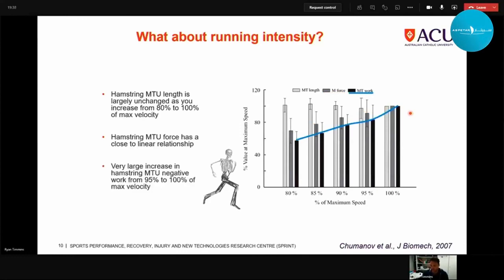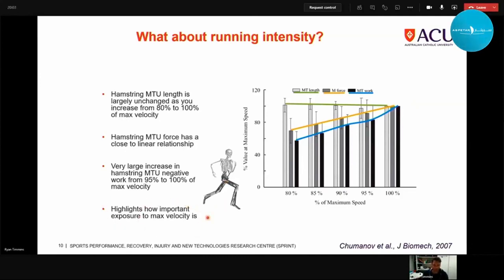The one that's very interesting is there's a big peak here in the amount of negative work, the amount of eccentric work the hamstrings do when we go from 95 to 100%. So you can see that decent jump in the amount of negative work the hamstrings do. This highlights really well how important max velocity is.